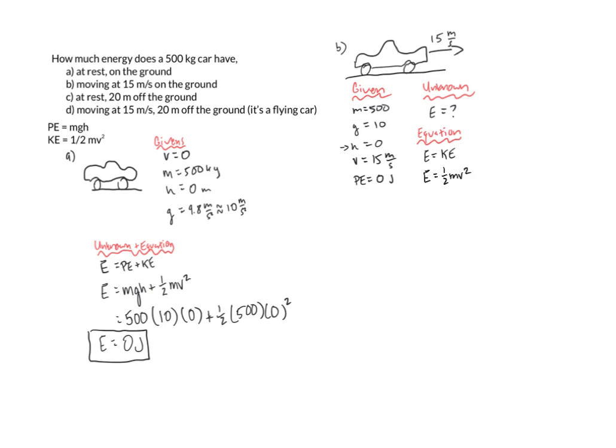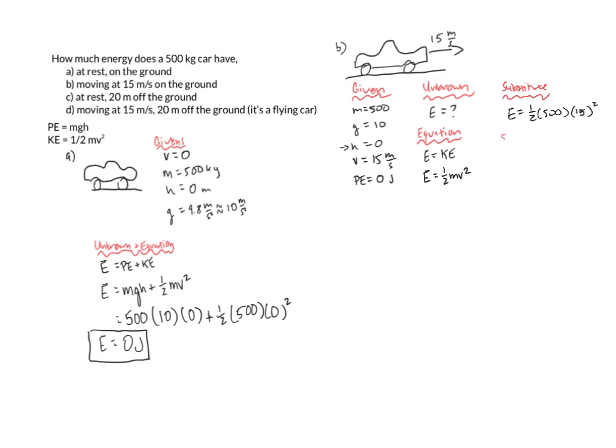And so now we have isolated our variable. We've expanded out our equation so that it just has our givens and unknown. And we can go ahead and substitute in what we do know. I have E equals 1/2 times 500 times V, which is 15, squared.